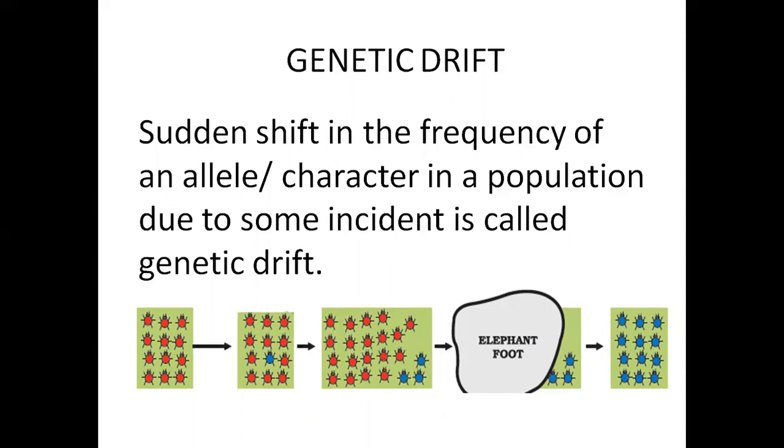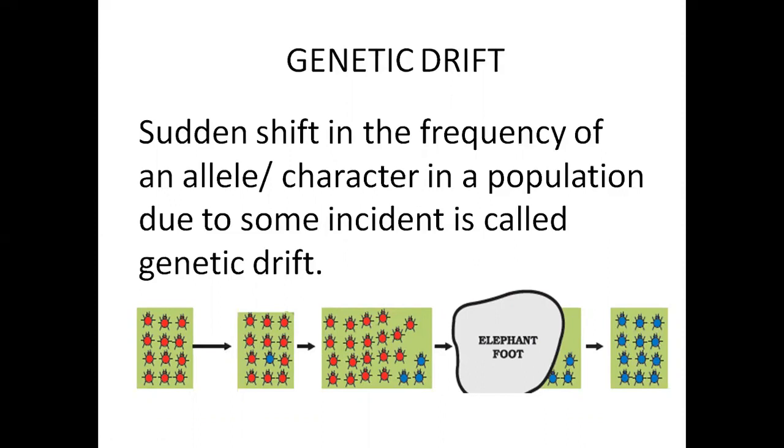But suppose there is an elephant which happens to cross these bushes, and due to the stampede of the elephant, somehow all the red ones got killed and the blue ones survived. So after a few generations, the population is only of blue beetles. Now here what do we see?